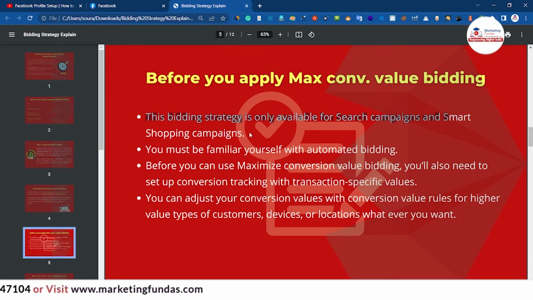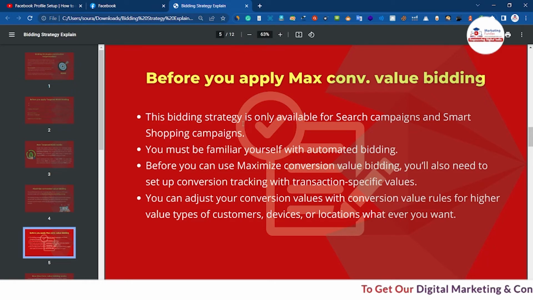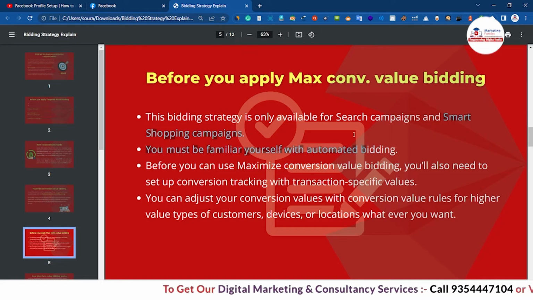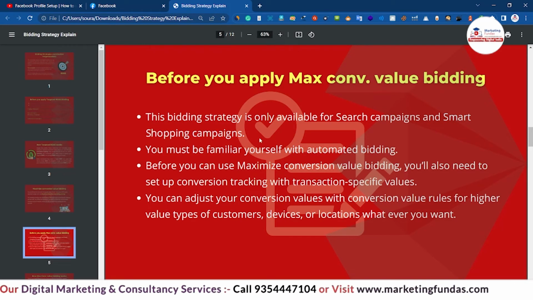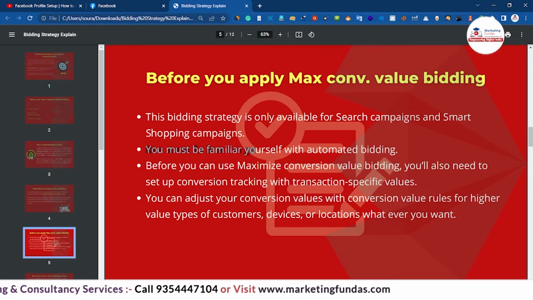As I have told you, there are many types of campaigns and many types of bidding strategy. So this particular bidding strategy can only be used in search campaigns and smart shopping campaigns, as it is mainly for e-commerce sites.